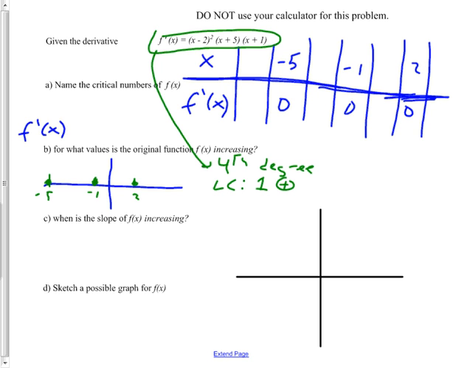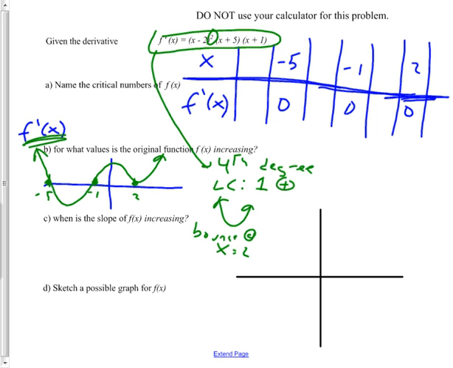So we know it's going to look something like this. We know it's going to bounce at x equals 2 because of the multiplicity. So our graph is going to look something like that. And this is the graph of f prime of x.